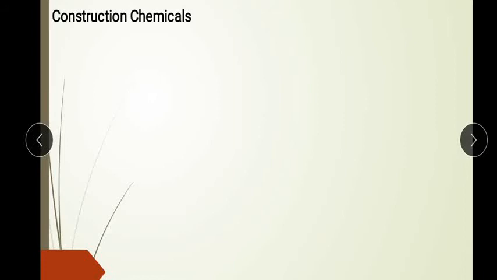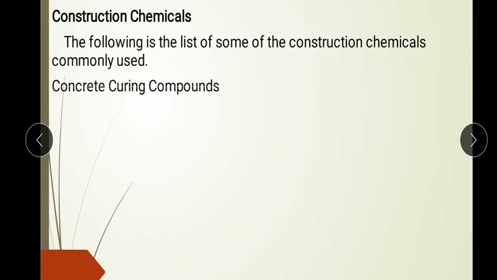There are some chemical industries also producing kinds of admixtures to change the properties of concrete, like an accelerator, air entraining agent, plasticizer or super plasticizer. By using these chemicals also we can change the original properties of concrete.